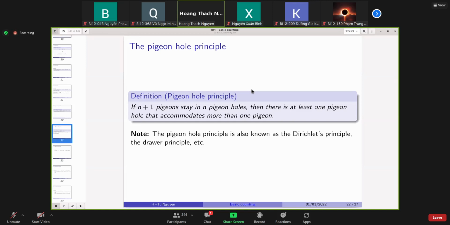You may have seen it as the Dirichlet principle or the drawer principle. You may have seen the variant in which instead of pigeons and pigeonholes, you have socks and drawers, or rabbits and cages, and so on.